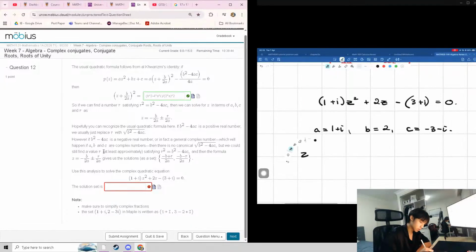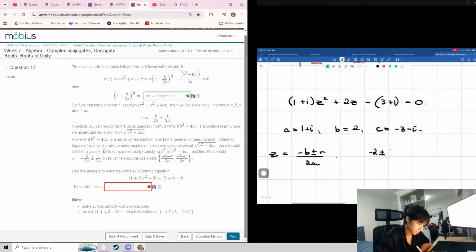So the solution to this set is minus B plus or minus R over 2A. And so minus B is minus 2 plus or minus R. Complex for sure. So what do we do about that? Okay. Let's just put it in the square root for now.